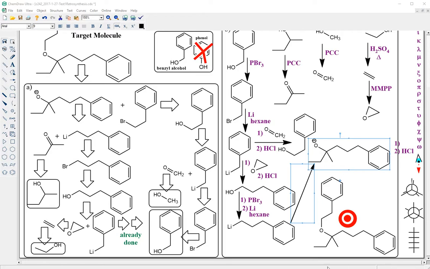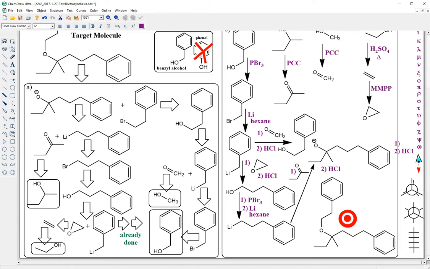Now the question is, how can I make this species down here with the organolithium into this that has the new bond right here? And the answer is step 1, the butanone, followed by step 2.